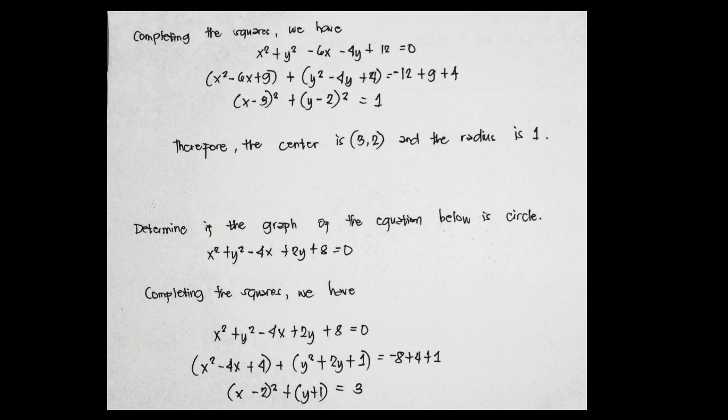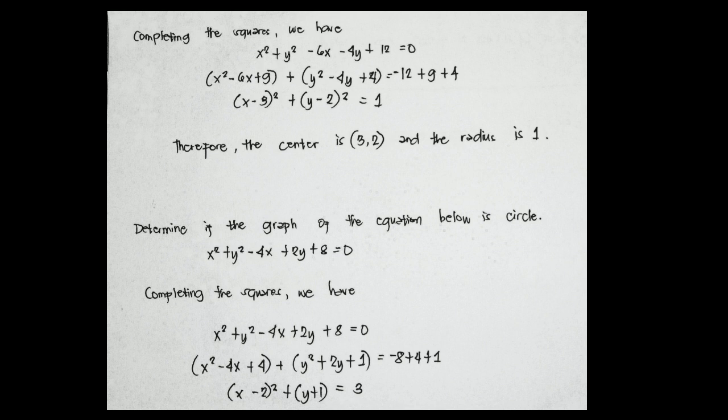In x squared minus 6x, we are going to find the number that can be multiplied and then added, like finding the common factor.